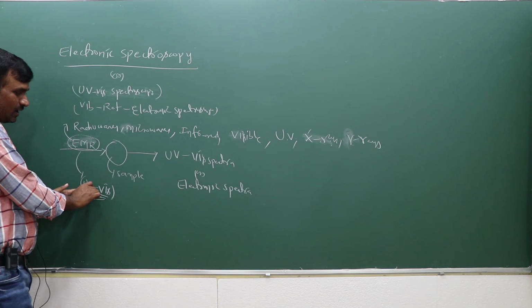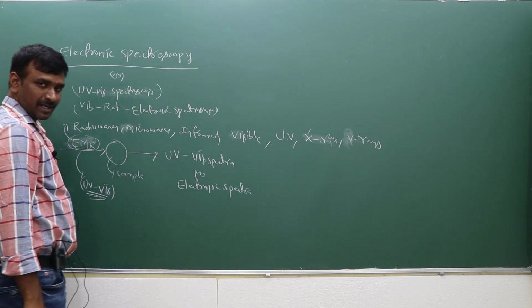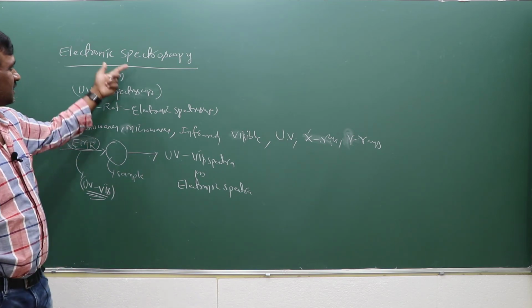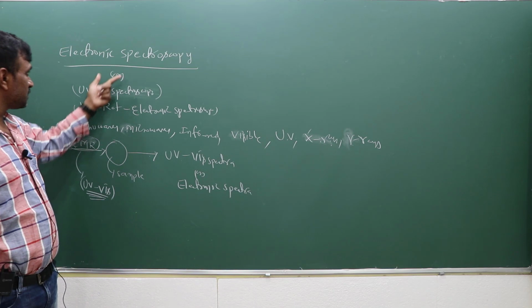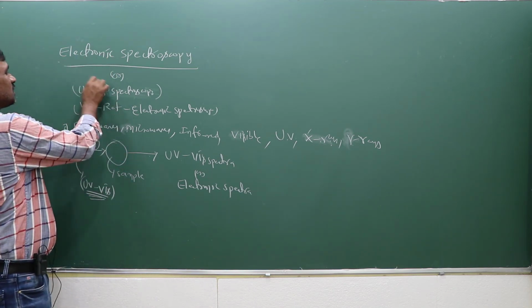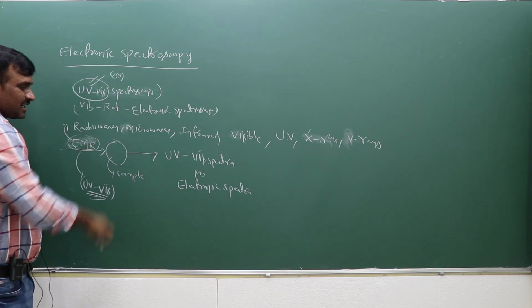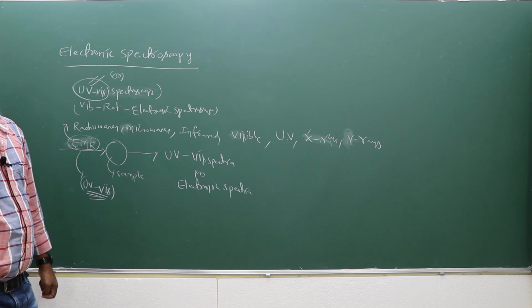That absorbed radiation is converted to the UV visible spectra. That's why electronic spectroscopy is also called UV visible spectroscopy, because only by absorption of the UV visible range is that spectra given.